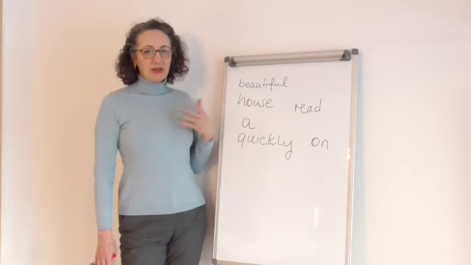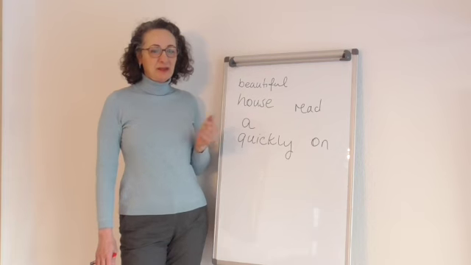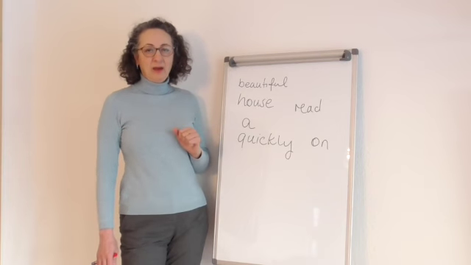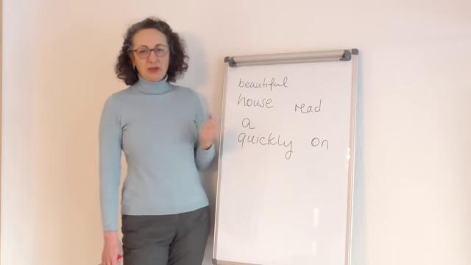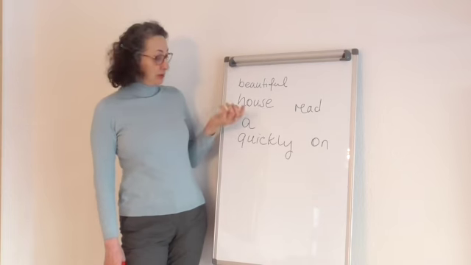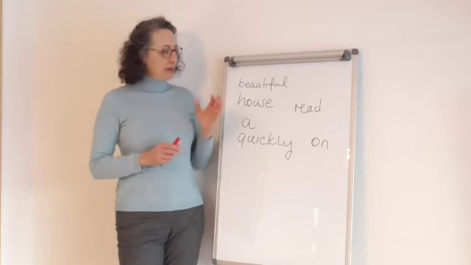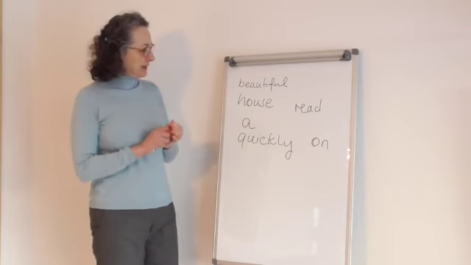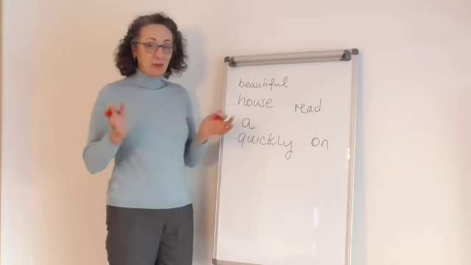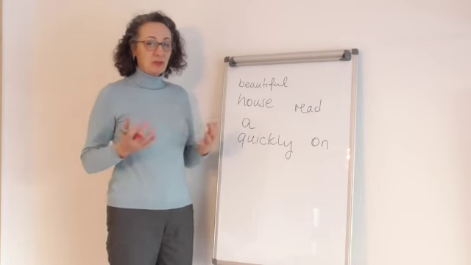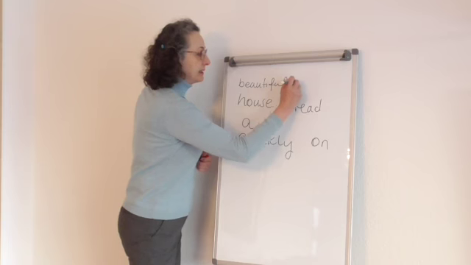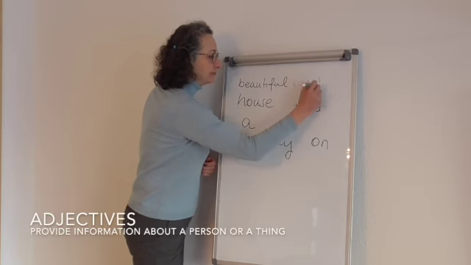Yes, it gives information about a person, about a thing, like, for instance, beautiful girl, beautiful house. So we say a word that gives information about other words, describes them, gives more information, is an adjective.